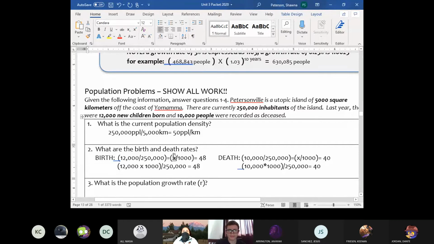This is 48 per 1,000 people. This is 40 per 1,000 people. How would you plug that into a calculator? With an equal sign, you can. Is there something else to place in between? That's why I did this down here.